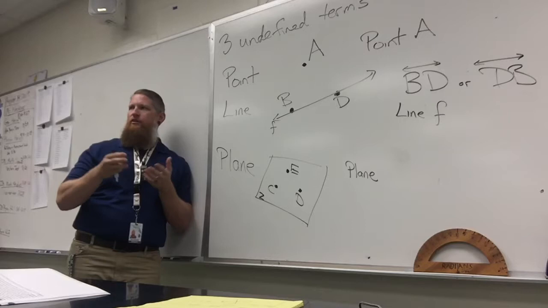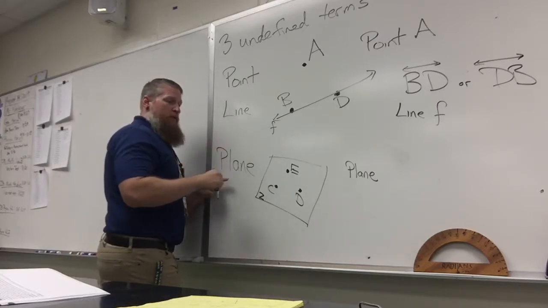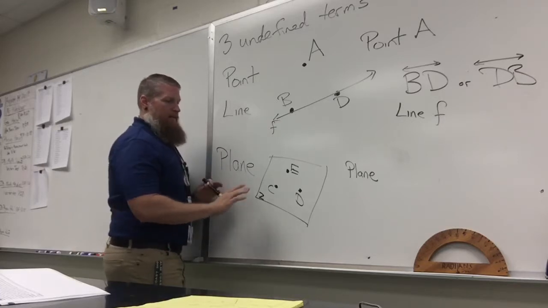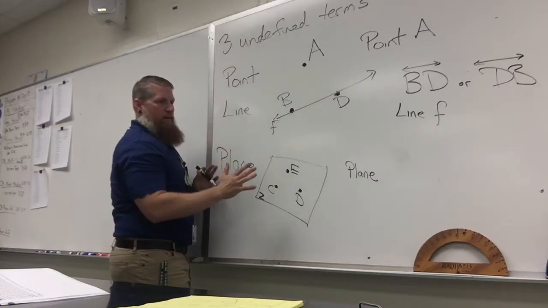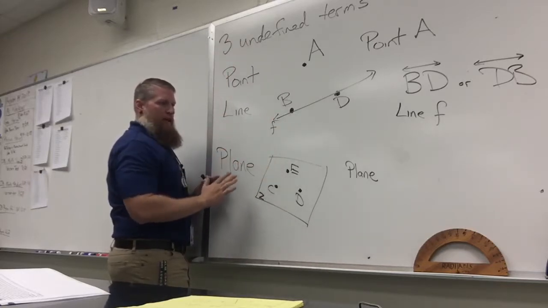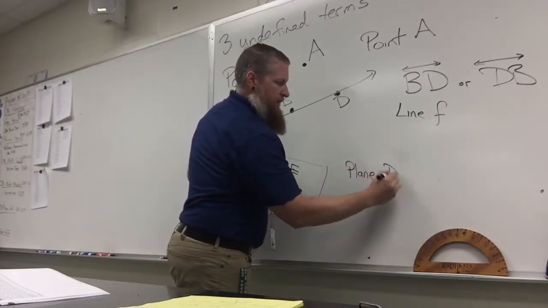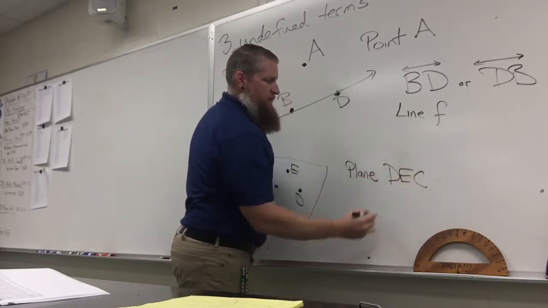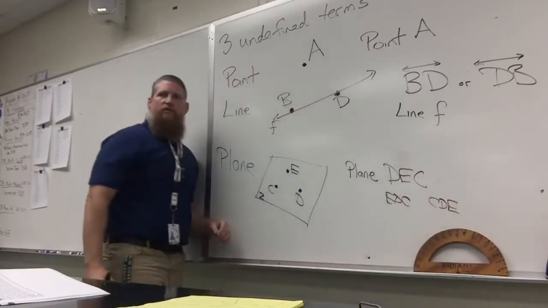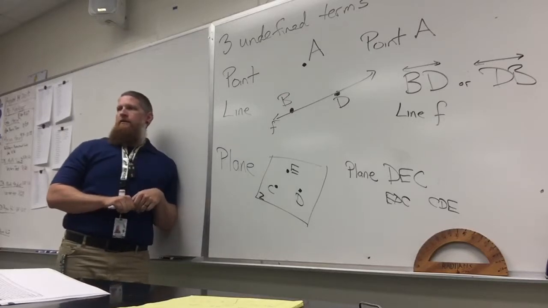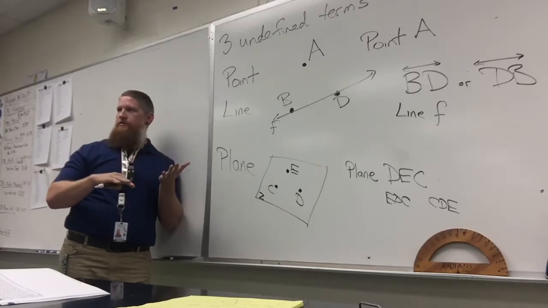I guess you technically could, but it's just creating more work and more writing for yourself. The order of the points doesn't matter. Again, this is a flat surface which goes on for infinity in whichever direction you're looking at, just not three-dimensionally. So I could write this as DEC, EDC, CDE, whatever. It doesn't matter the order of the letters. It just has to be 3 points that are on that flat surface.